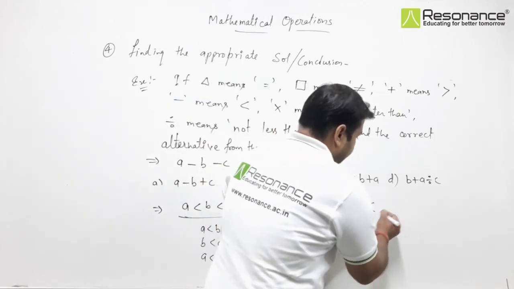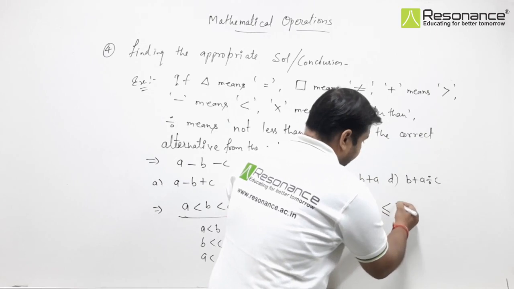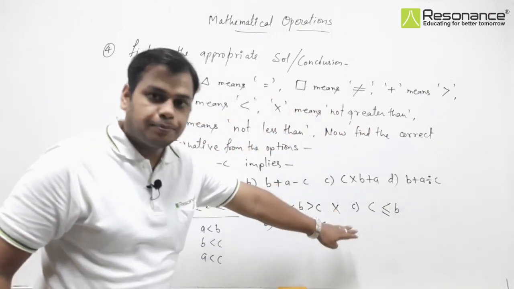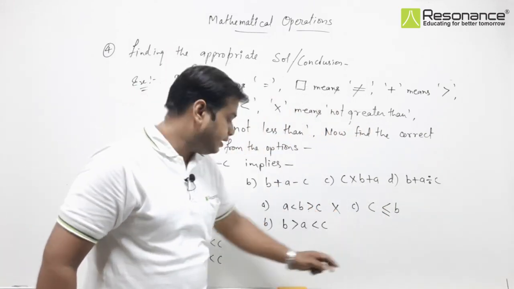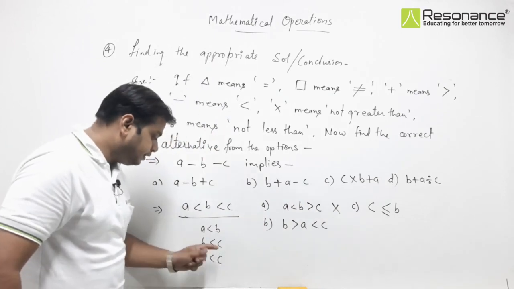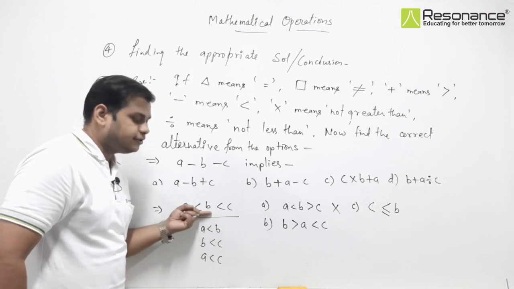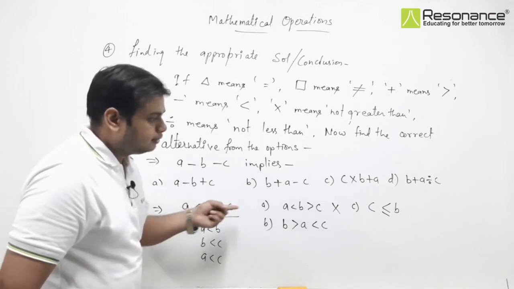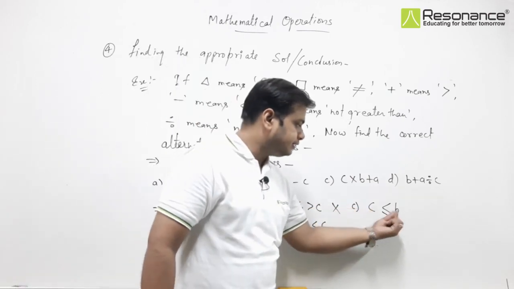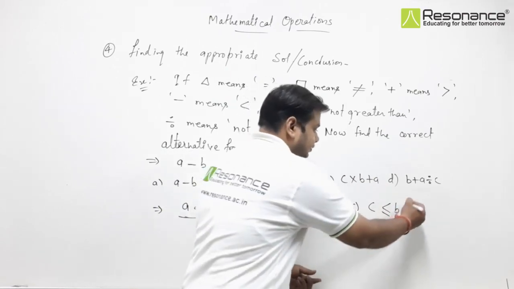So C is equal to or less than B, but it makes us wrong. Why? Because C is clearly given as greater than B, and it will show us that C is less than or equal to B. So option C becomes wrong.